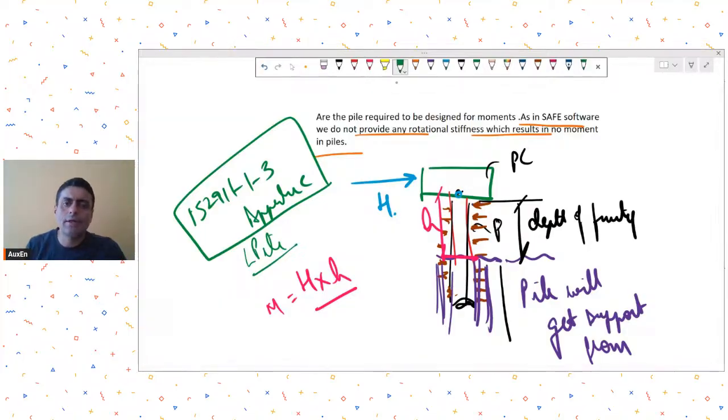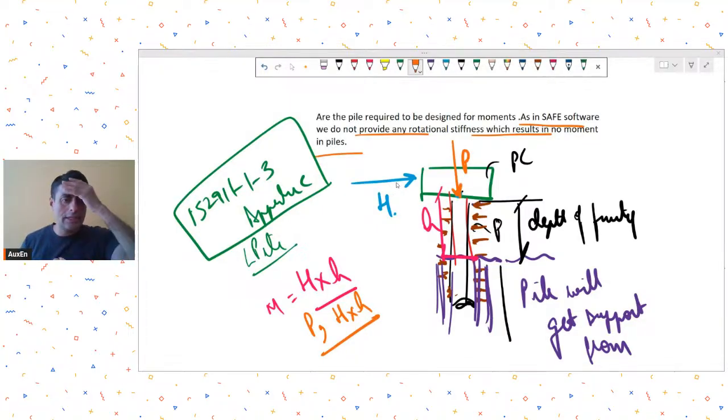Once you get the moment in the individual pile, you already have the axial loads in the pile. Then you will have to design your pile for axial force and moment. Understood? Just like we do for our columns, you could do it for piles also. In this case, you can assume the pile to have a length of only this much.